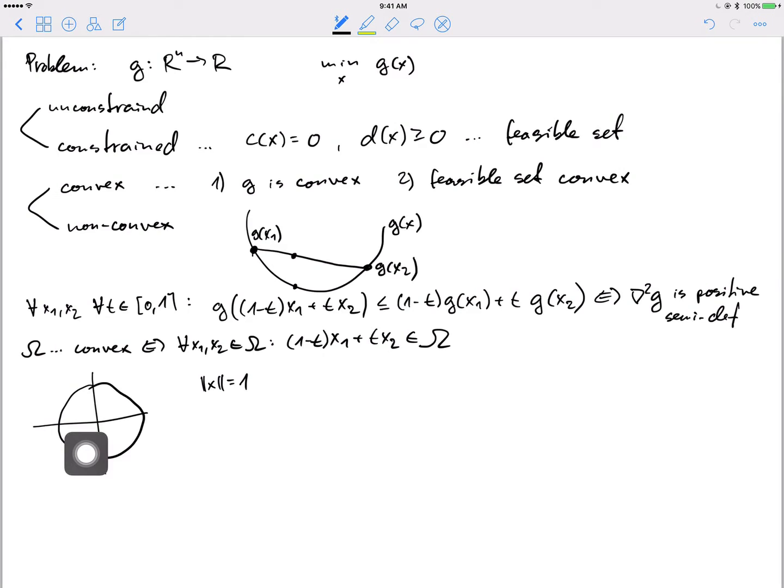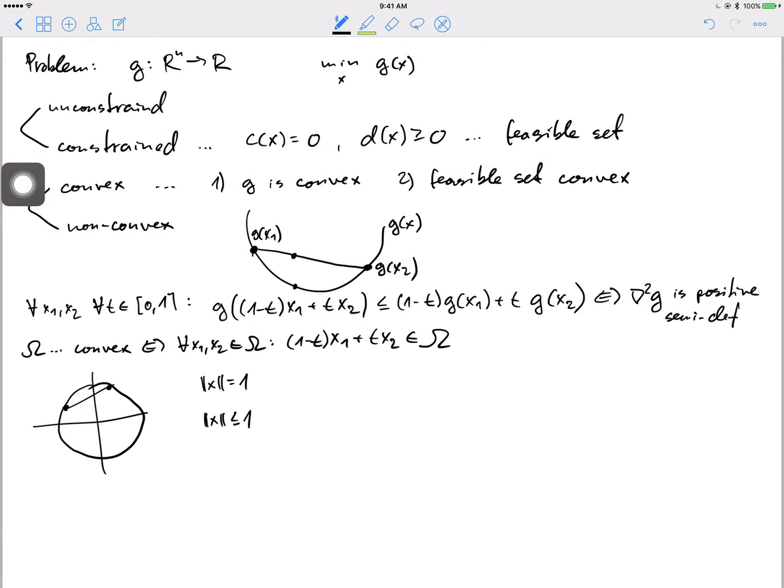It's not convex, right? Because almost any 2 points I pick, the line goes immediately outside. Now the trick is, if it was the circle with its inside, then it would be convex. So what I want you to remember is that as soon as you have even a single nonlinear equality constraint, it immediately becomes a non-convex problem.